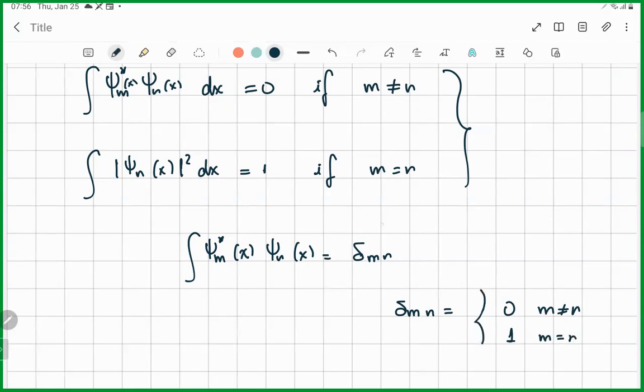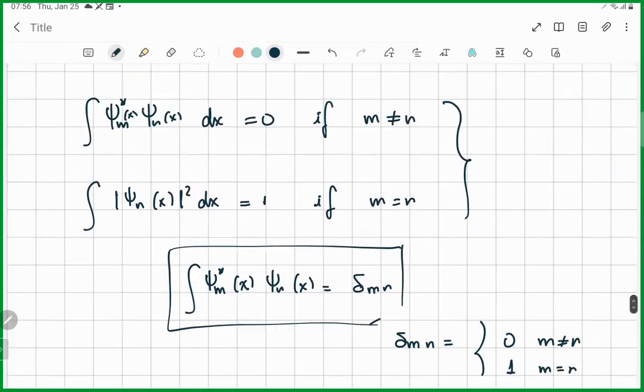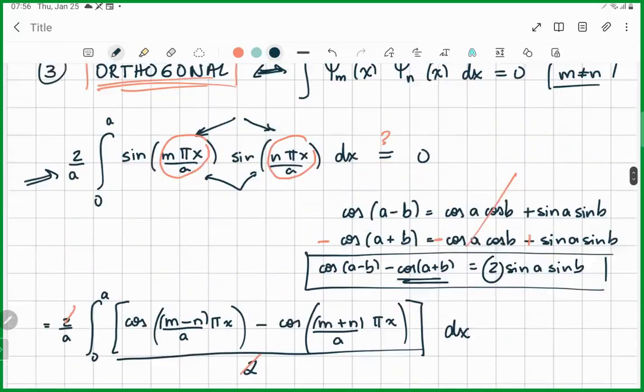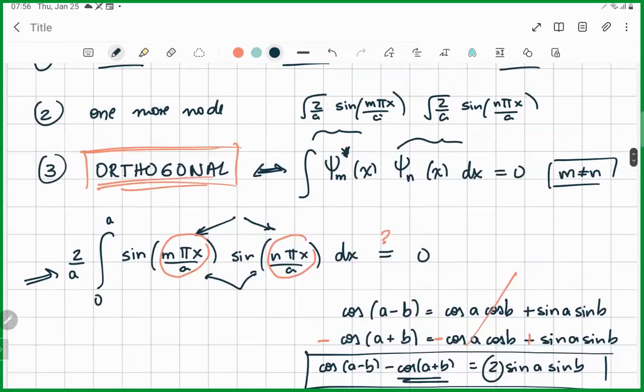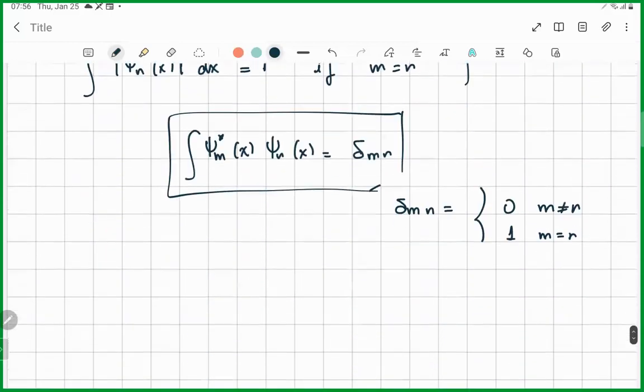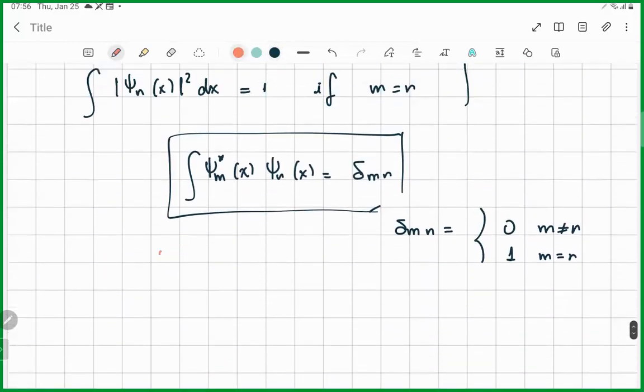Okay, so this is a short way to say that the functions are not just orthogonal, they are in fact orthonormal. Okay, they are orthogonal, no? When m and n are different, this gives us 0, but they also normalize.